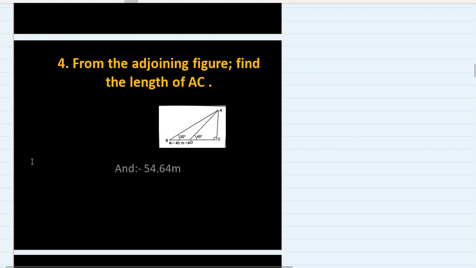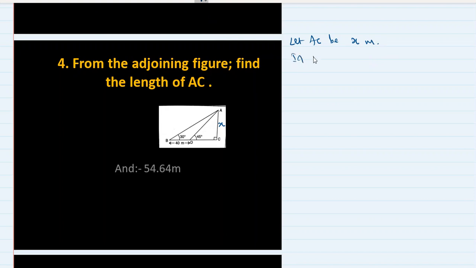Okay, so from the adjoining figure, we have to find the length of AC. This is a very good question. Now, for finding the length of AC, let AC be X units. I'm sorry, it is meters. So let me take it as meters. Let AC be X meters. Okay.